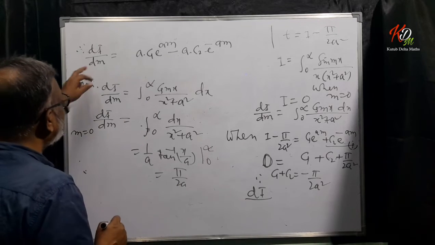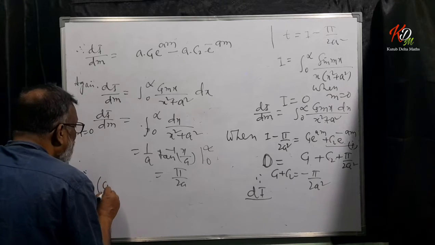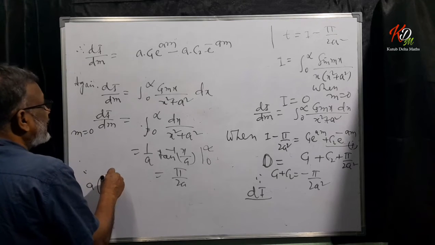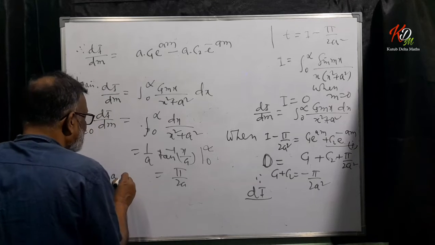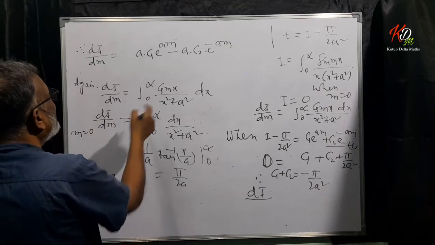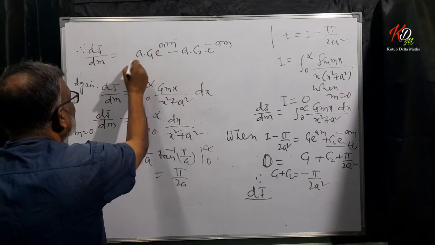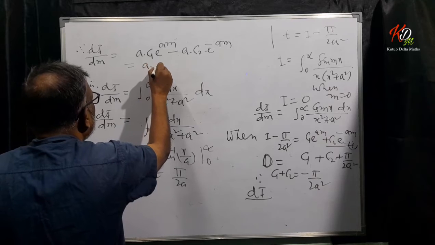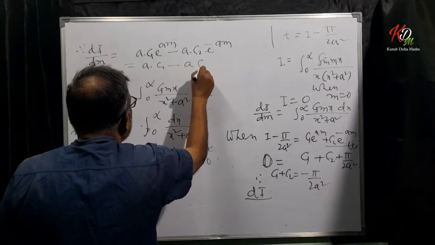Again dI/dm equals this. So a c1 e to the power am, and when m equals 0, that means a into c1 minus a into c2.